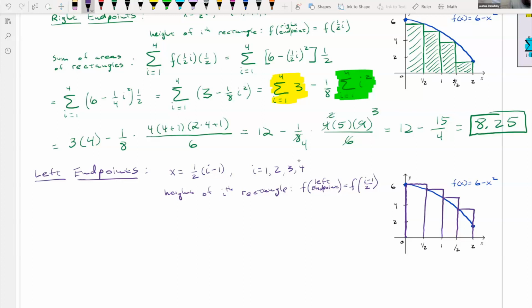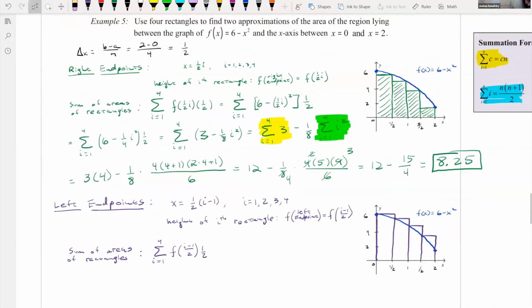And so now we want the sum of the areas, right? So we want the sum of the areas of the rectangles, i equals 1 to 4, of the height of the rectangle, f of (i minus 1) over 2, times the width, which is 1/2.